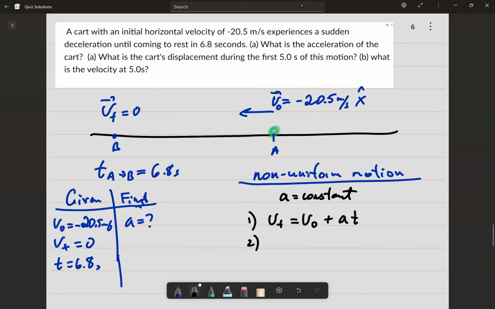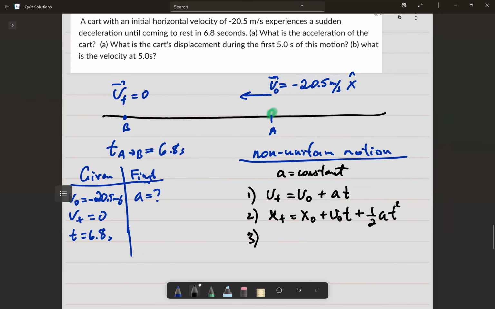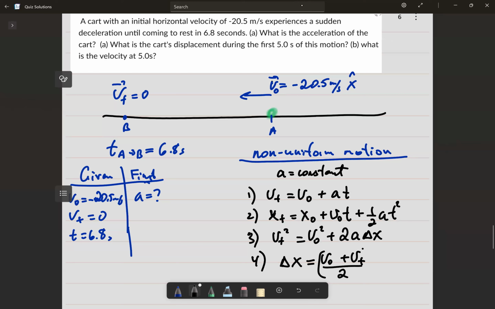Equation 2: x final equals x initial plus initial velocity times time plus 1/2 acceleration times time squared.